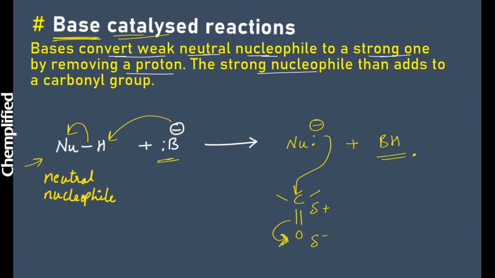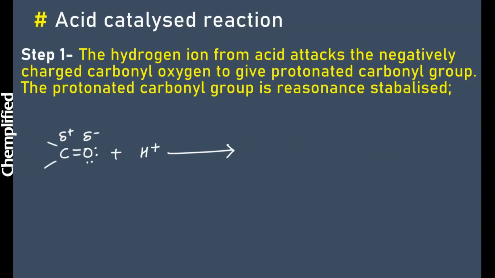Now in a similar way, just as the base catalyzed reaction, you will have an acid catalyzed reaction. Now the process will be completely different. What happens in this case is, the hydrogen ion or the proton from an acid, for example HCl, which gives H plus and Cl minus.